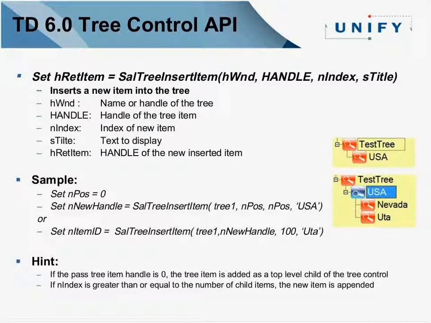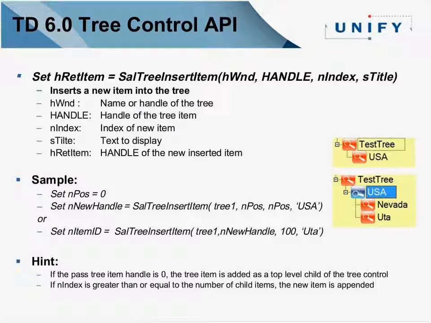The second one is the handle of the tree item where you want to insert this new item inside the tree. Then the index means maybe you want to have it at the first position, maybe you want to have it at the end of the tree.